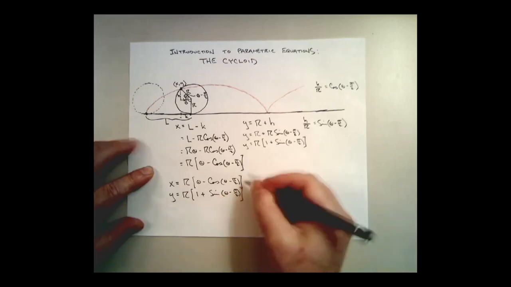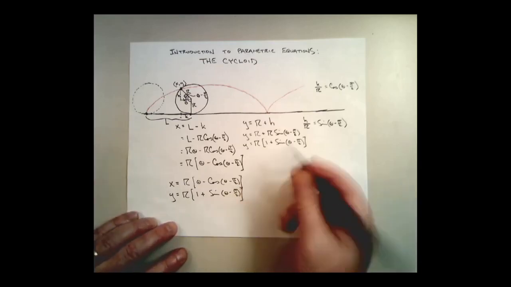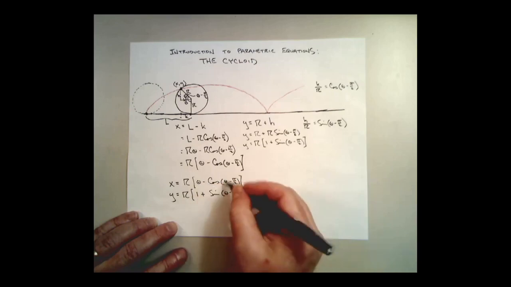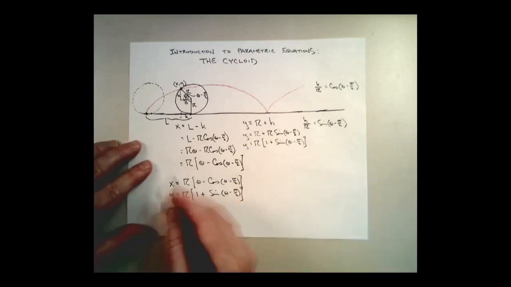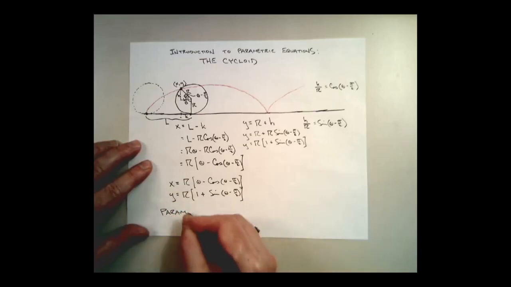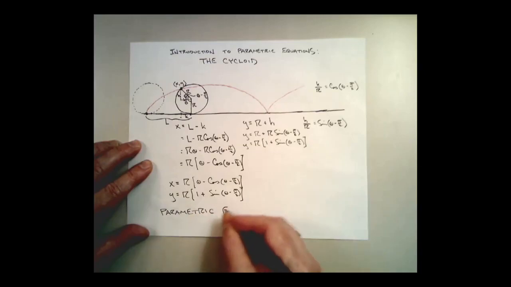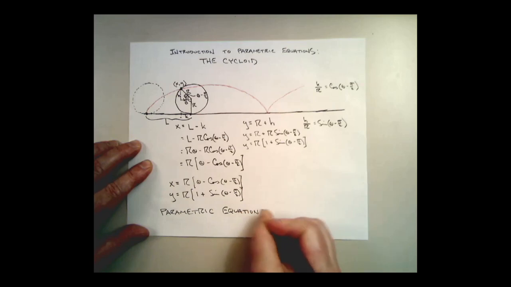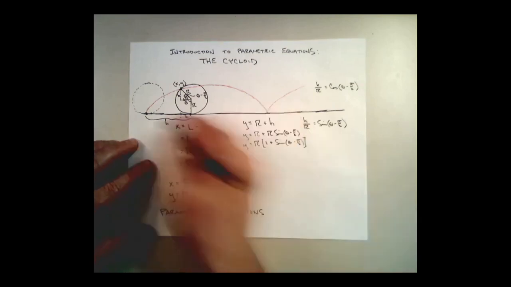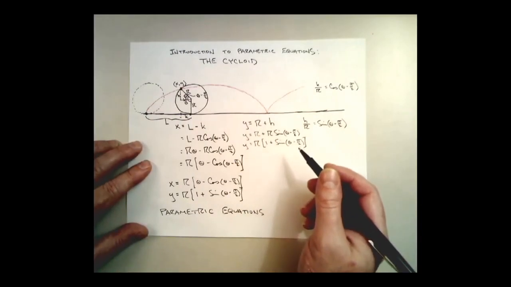And this is a pair of what we call parametric equations, right? Parametric refers to a common parameter. Theta is our common parameter. So parametric equations, which describe this curve that Galileo called the cycloid in 1599.